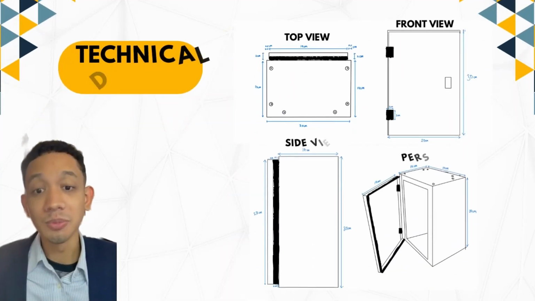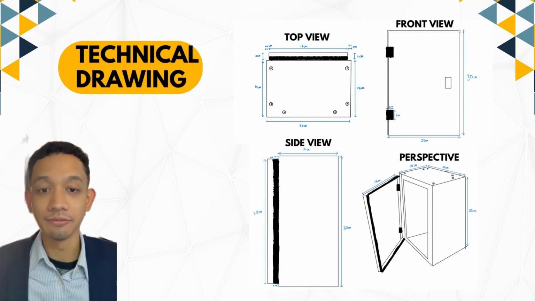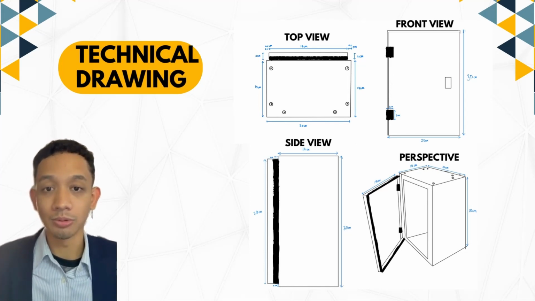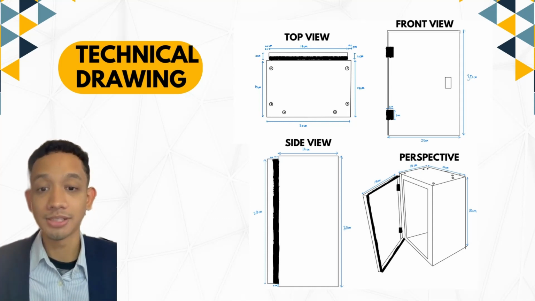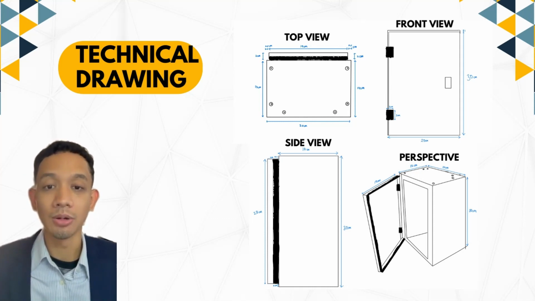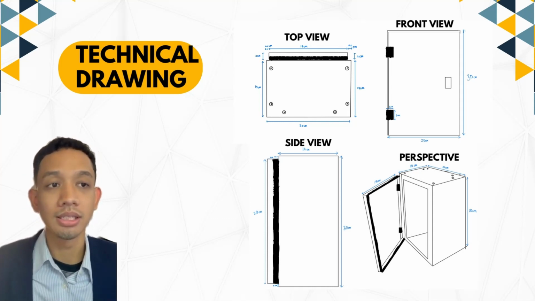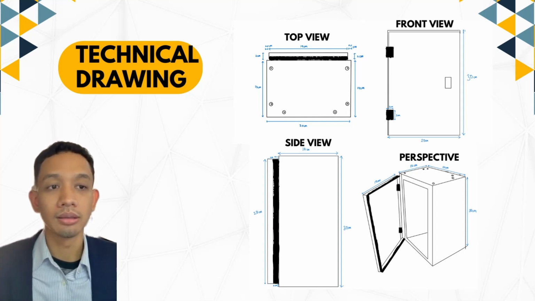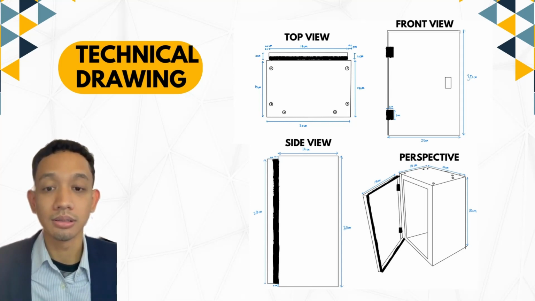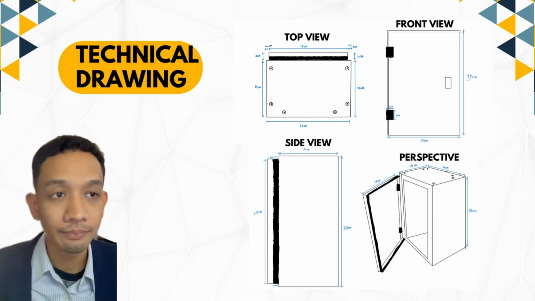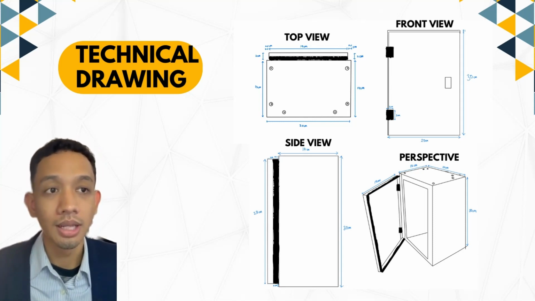Okay, now before we move on to our conceptualization video, where we show our prototype, I'll first show you the technical drawing of our prototype. As you can see, the width and length of our MCB box. Looking at the top right corner, the length is 30 cm and the width is 20 cm.